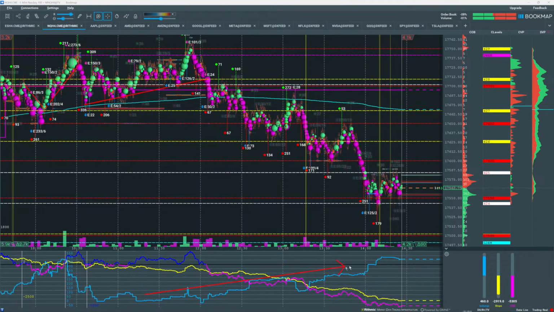Note large traders have been buying weakness with iceberg orders, shown by the rising light blue line. And for NASDAQ, in a reversal, I would really want to see CVD start to rise, and then some stop orders to fuel the move higher.